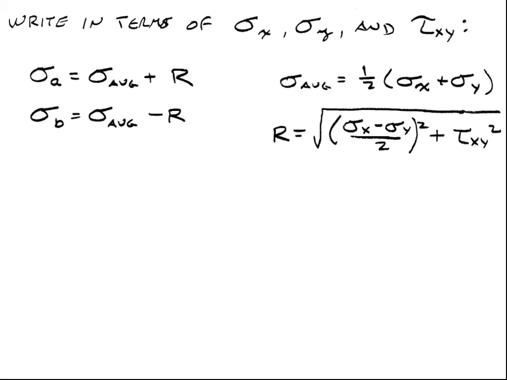But we can bypass that as well, with a little bit more algebra, by saying, let's write that last expression in terms of sigma x, sigma y, and tau xy.